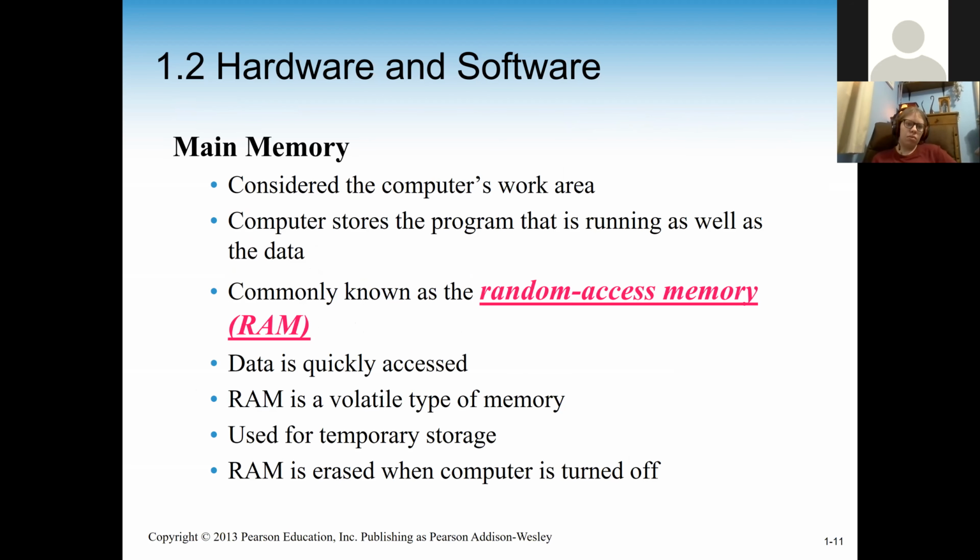All right, so hardware, as we mentioned before, is made up of CPU, RAM, a hard drive, SSD, GPUs and other things, right? Motherboard. RAM is the main memory, the computer's work area, if you will.